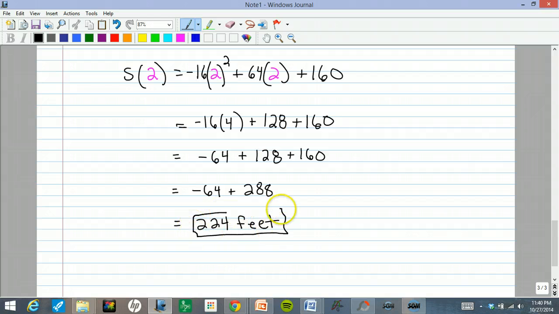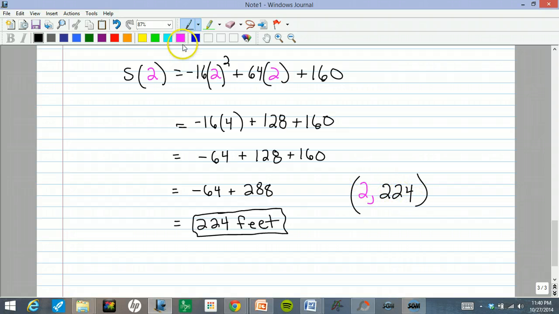That's the output. Remember, our output gives us height. So what did we just determine? At 2, comma, 224, we have the vertex of this function. How do we interpret that?